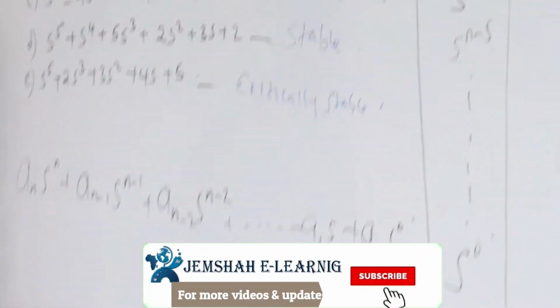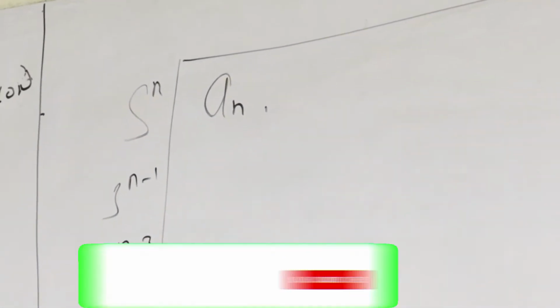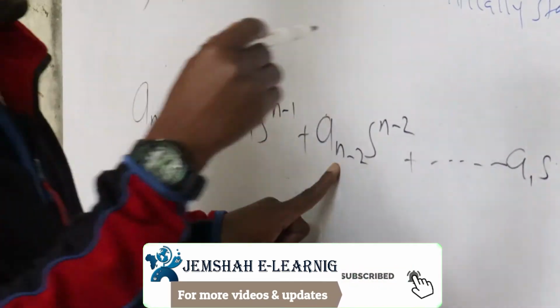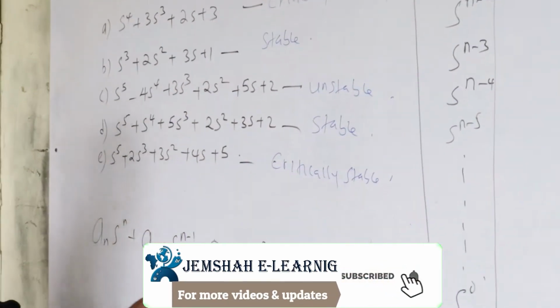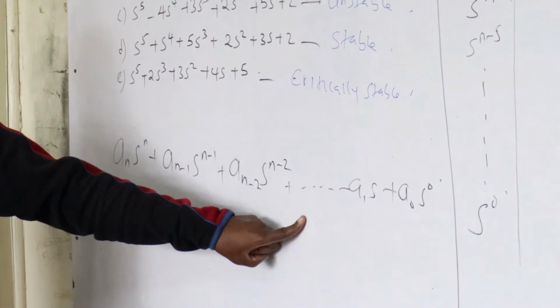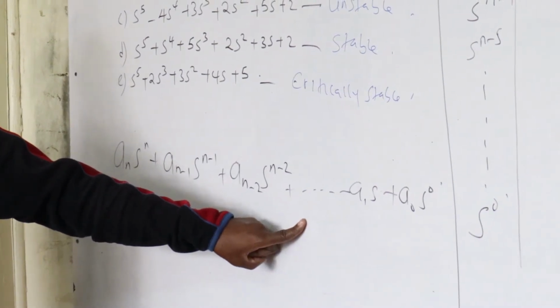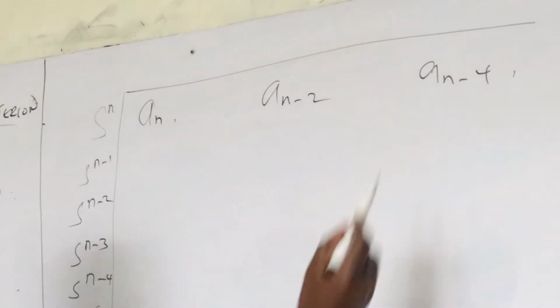Are we together? We take the coefficient a_n, then we jump this and go to n minus 2. So we are going to have a_(n-2). Then we jump the next, which is n minus 3, then we go to a_(n-4).